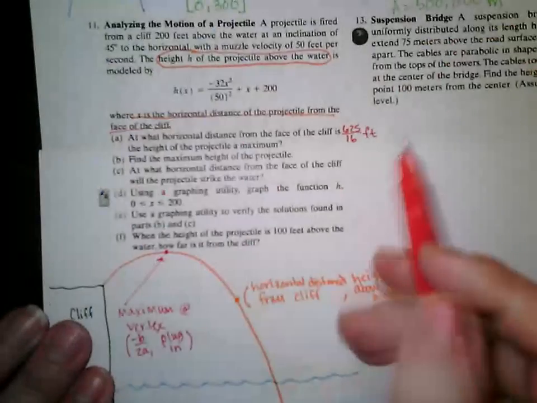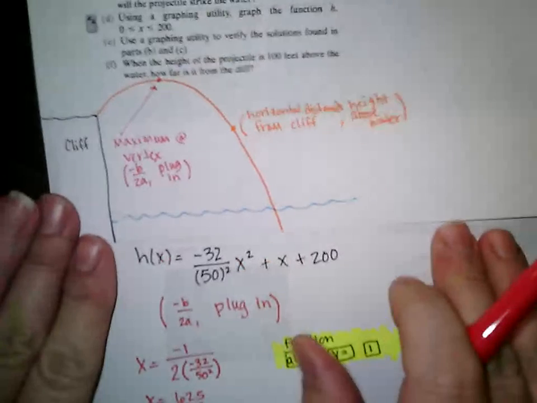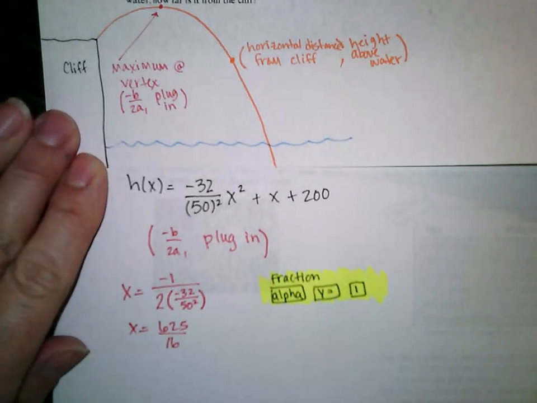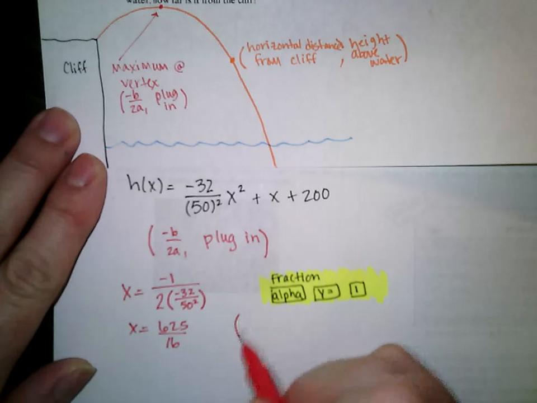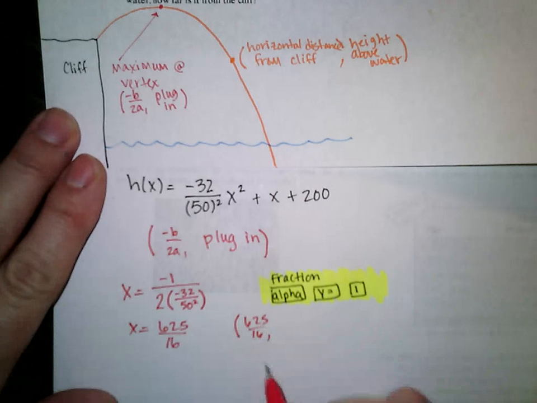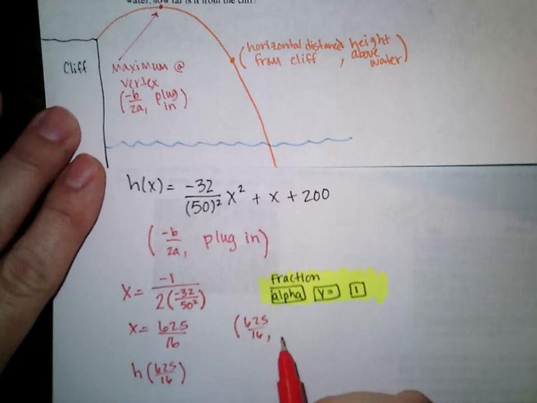And then part B wants to know to find the maximum height of the projectile. So once I know the x coordinate of my vertex, I'm going to plug it into the function to get the y coordinate. So here we have 625 over 16, and then we're going to plug in h of 625 over 16 to get the y coordinate.